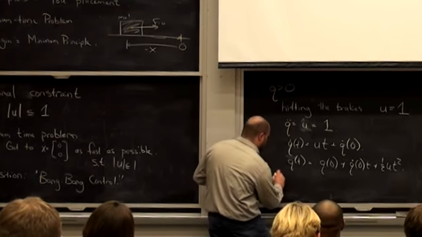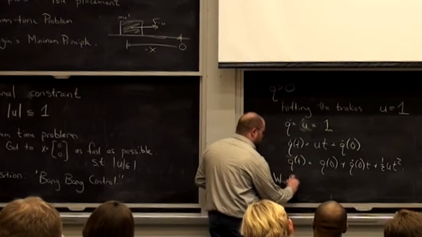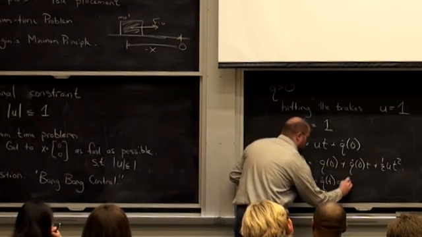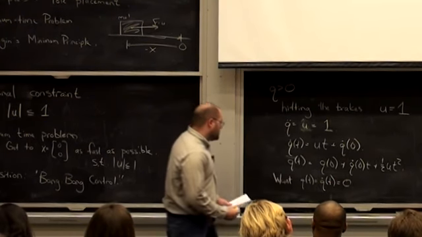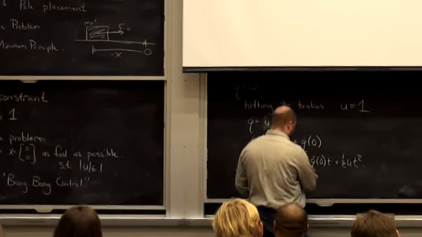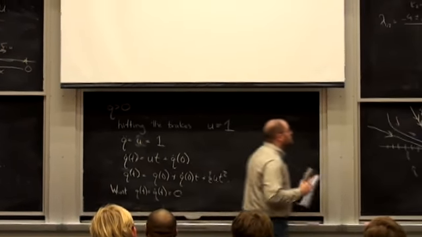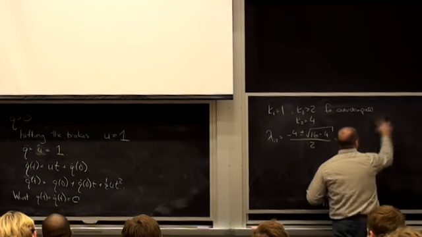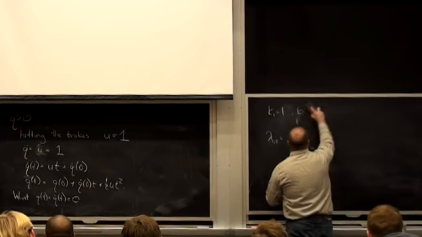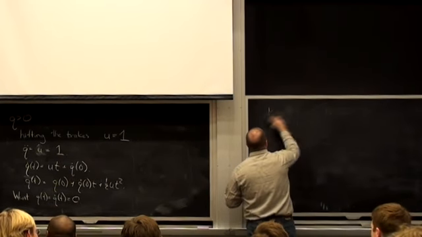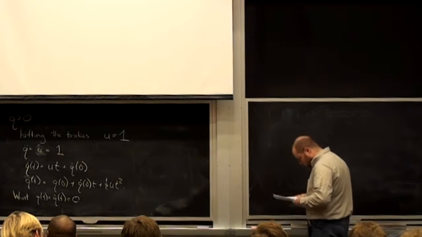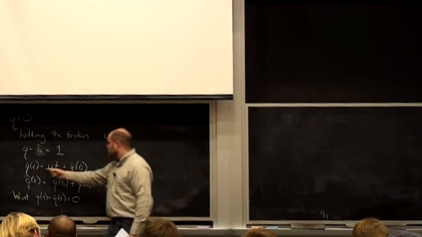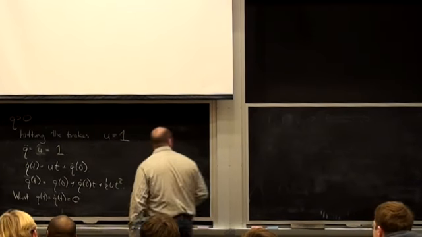So I'm going to solve for q0 and q dot 0. q dot 0 looks like it's going to be negative u t.